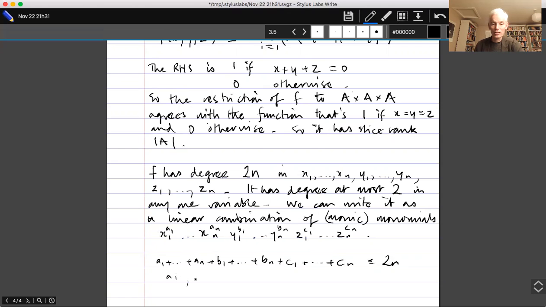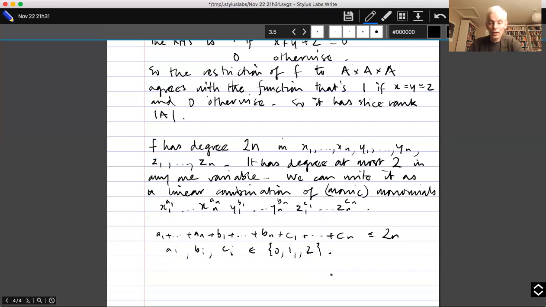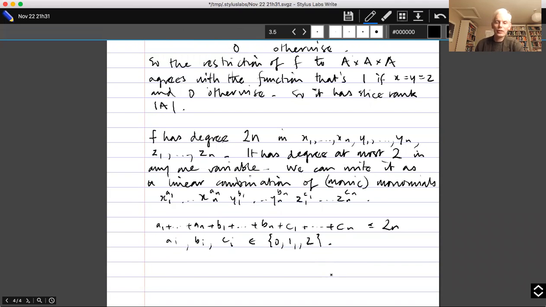Each ai, bi, and ci belongs to 0, 1, or 2. And now, if we look at this, we see that at least one of these sums, by just averaging, is at most 2n over 3.